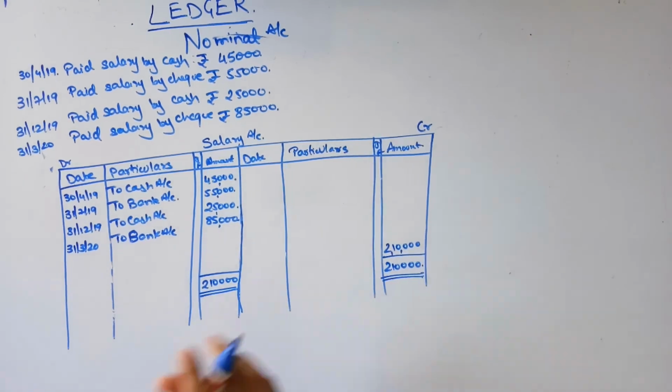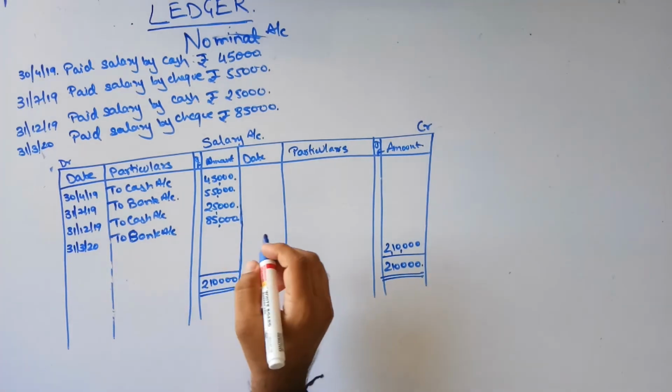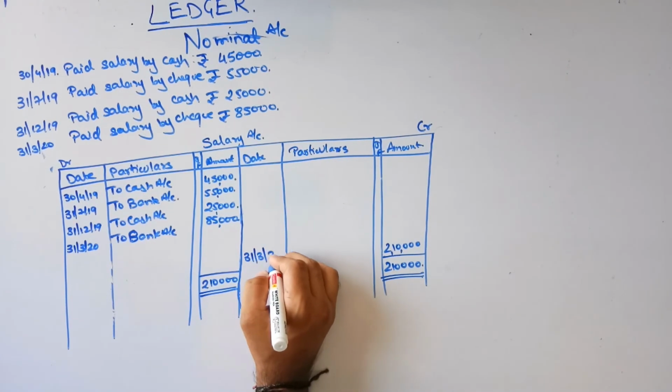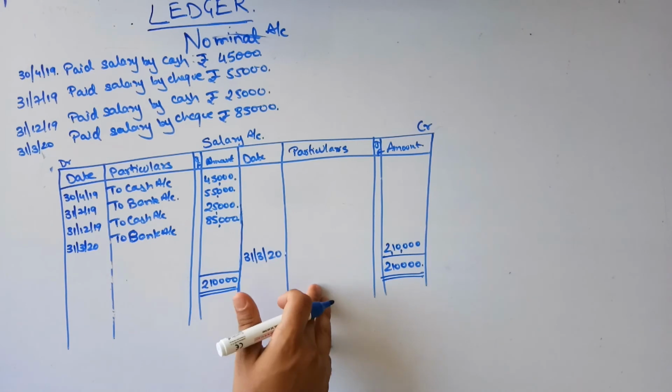Now, there is only a small change you will have to make. When you write the last amount, this transaction is on the last day of the financial year, 31st of March 20. Here, normally, what do we write? By balance carried down. Correct, guys?